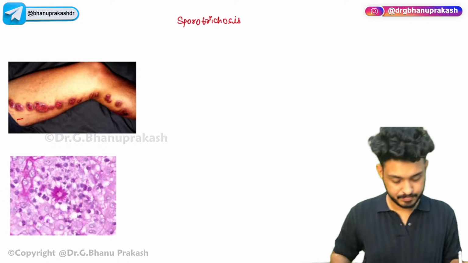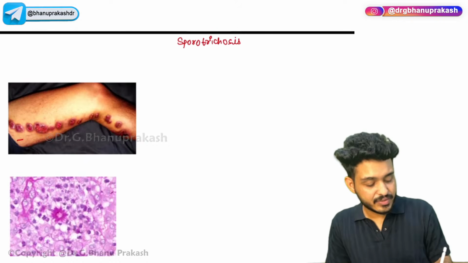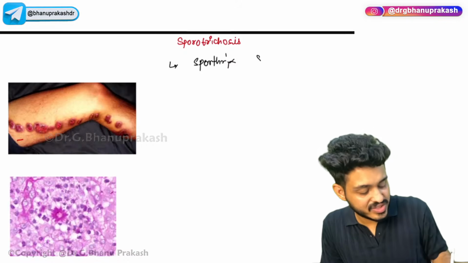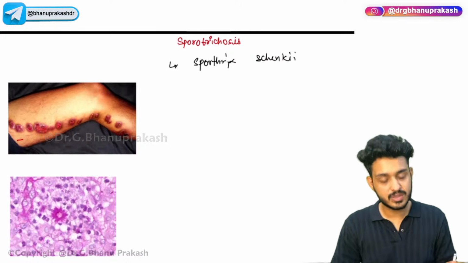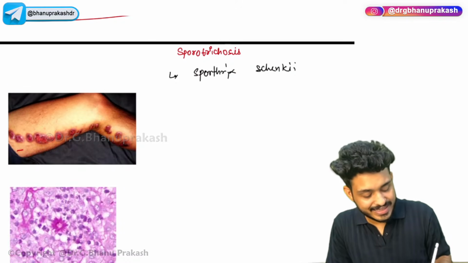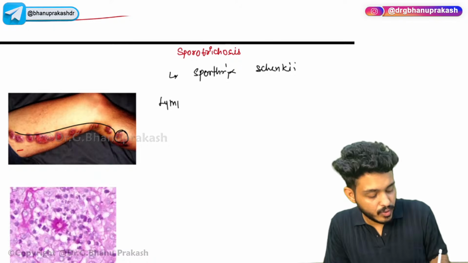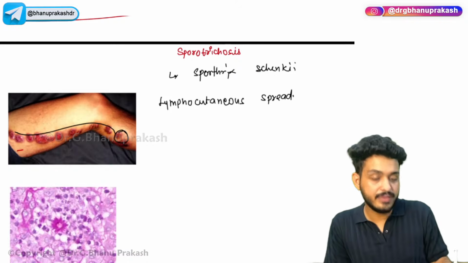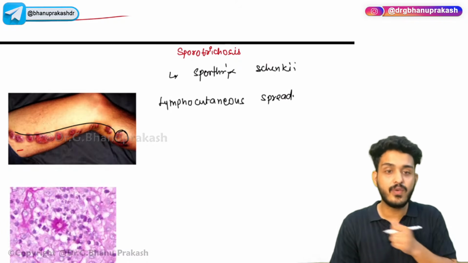The causative agent for this one is Sporothrix schenckii. And this type of spread is known as lymphocutaneous spread. Cutaneous means skin, lympho means along the lymphoid pathway, right? So that would be your lymphocutaneous spread.